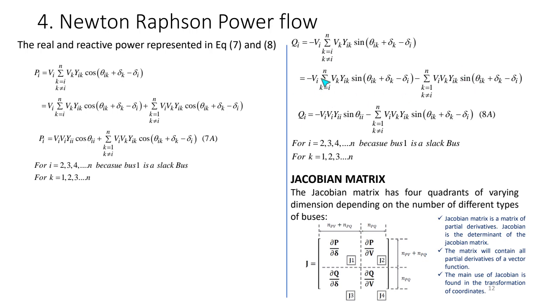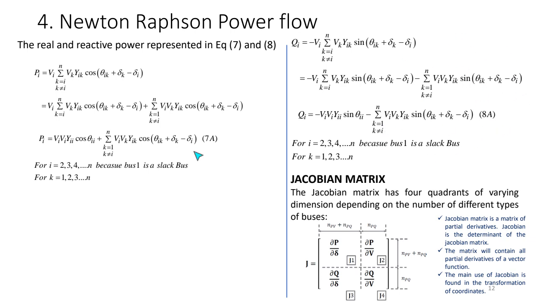If you apply k equal to i, instead of Vk we can write Vi, Yik becomes Yii, and theta ik becomes theta ii, and plus delta i minus delta i cancel each other. So we get this term as it is, and this term becomes Yii sine of theta ii, with the negative sign as it is, and the second term we write as it is.